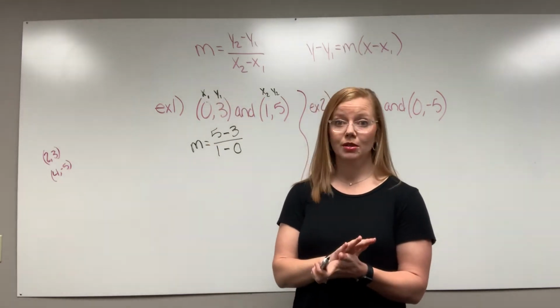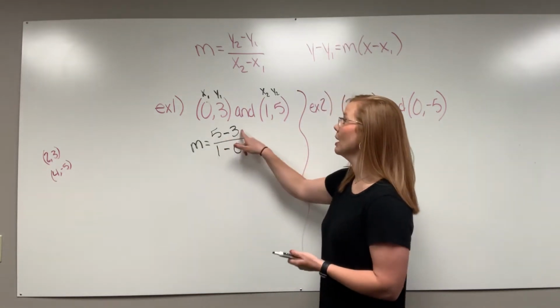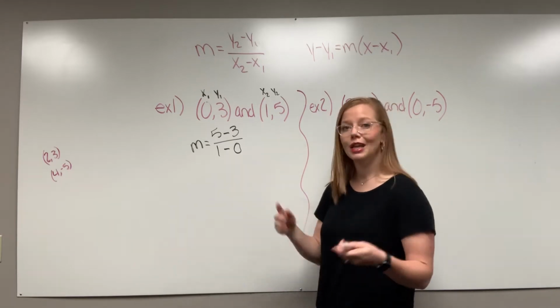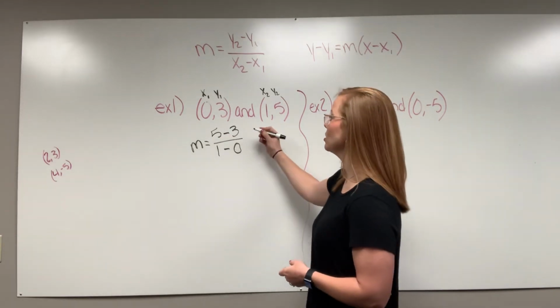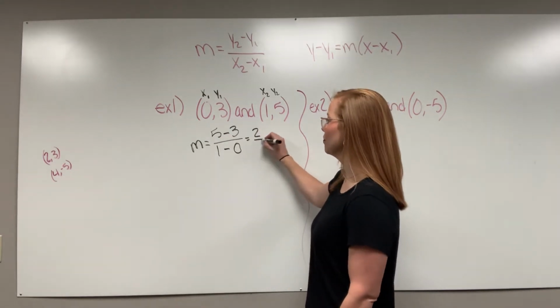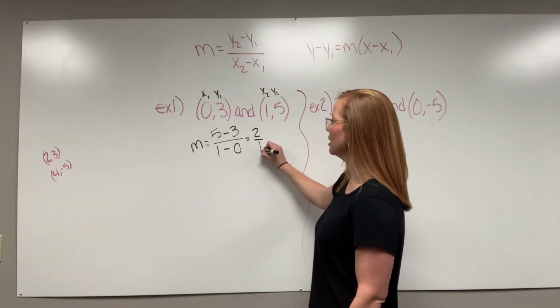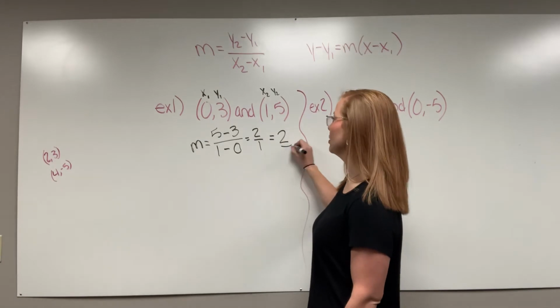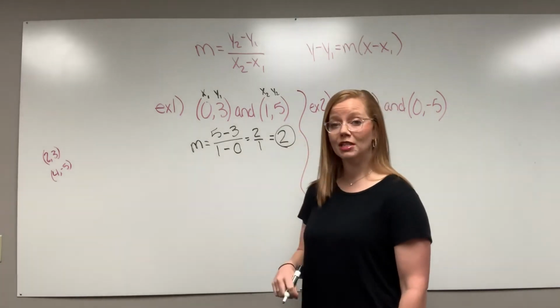Pay attention to what we're doing, okay? y2 minus y1 over x2 minus x1. Well, now it's just simple arithmetic. So 5 minus 3 is 2. 1 minus 0 is 1. This fraction can simplify into 2. So now I've got my slope.